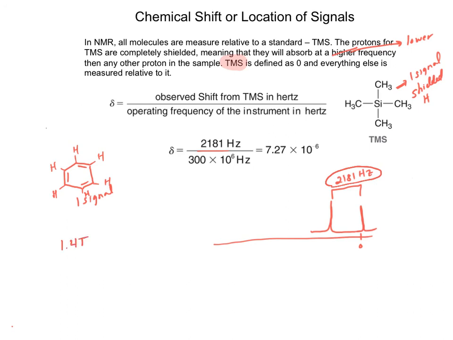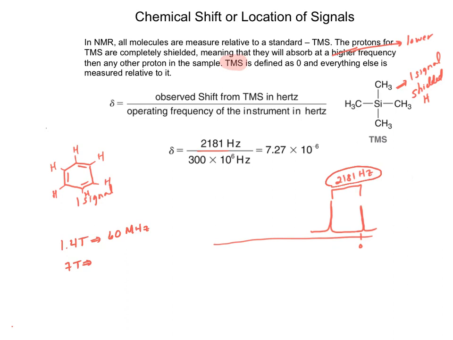For a 1.4 Tesla magnet, that gives us an operating frequency of what is called 60 megahertz. So if we use 1.4 Teslas, we can expect to see this type of absorbance at around 60 megahertz of frequency, okay?